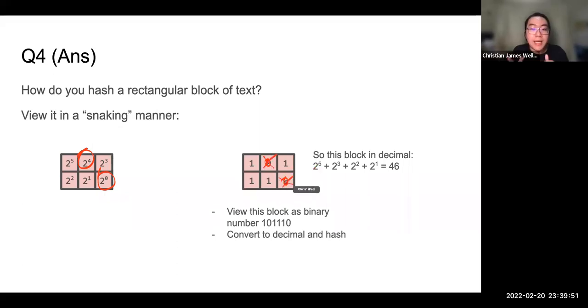By the way, for this question we'll just assume it's binary for now. Of course, it can be generalized to a more general alphabet, but let's just focus on binary for simplicity. So we convert to decimal and hash, and this is how you hash the rectangular block of text.